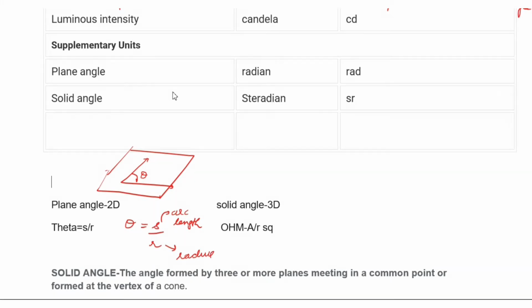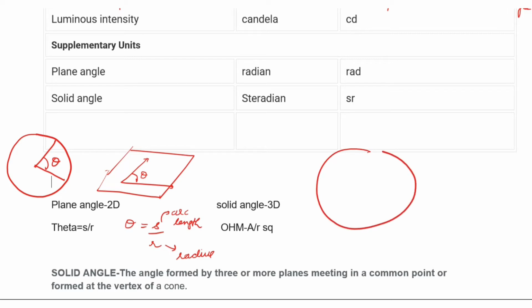So imagine a circle with radius R, and say an angle theta is subtended at the center. The length between the two radii is known as the arc length, which is S, and the length of the radius is R. So we represent theta as S by R.